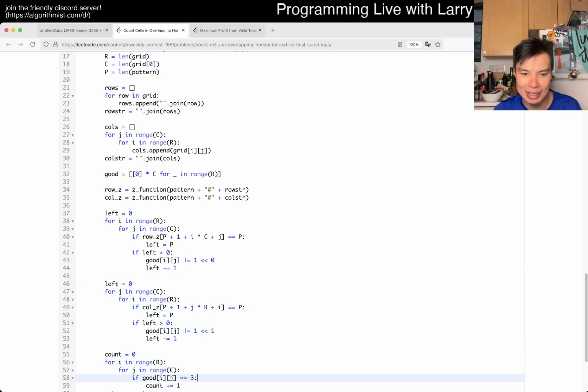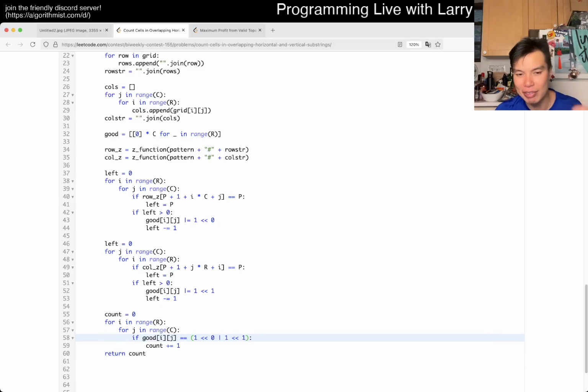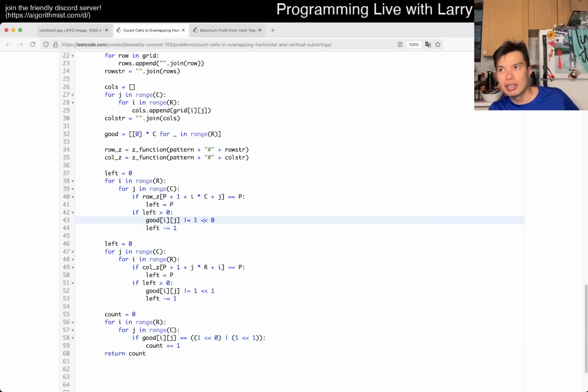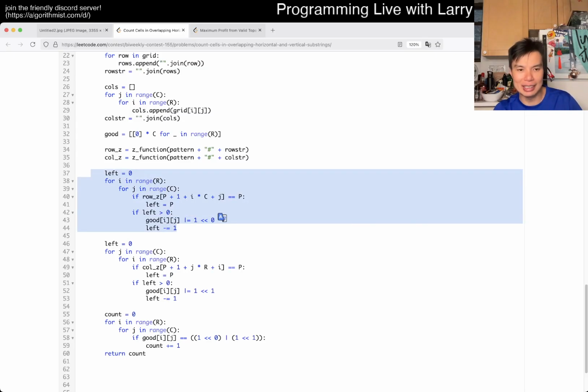So ORed together, that's the number 3. I think I need more practice on this, but you get the idea. That's what I'm doing with that part, so that it's saying this got set and this got set.